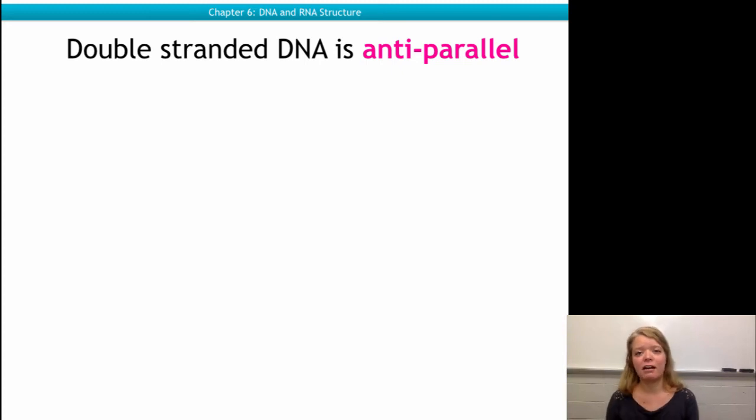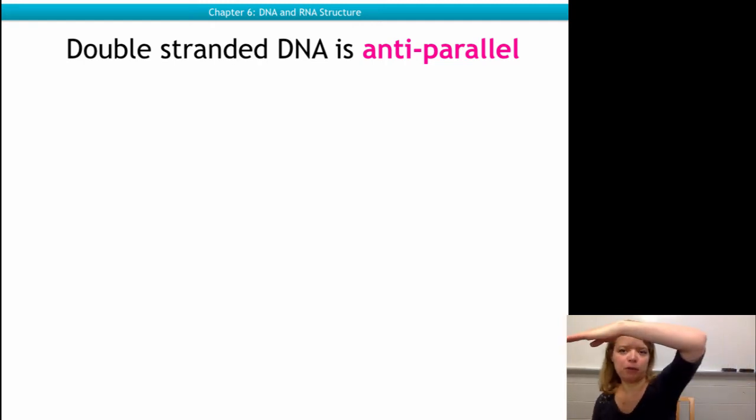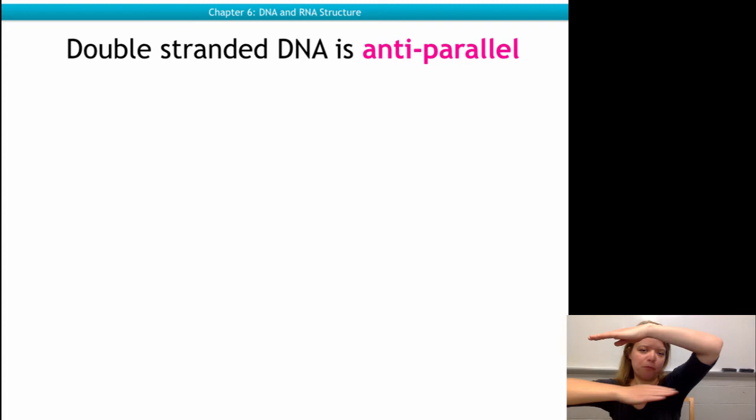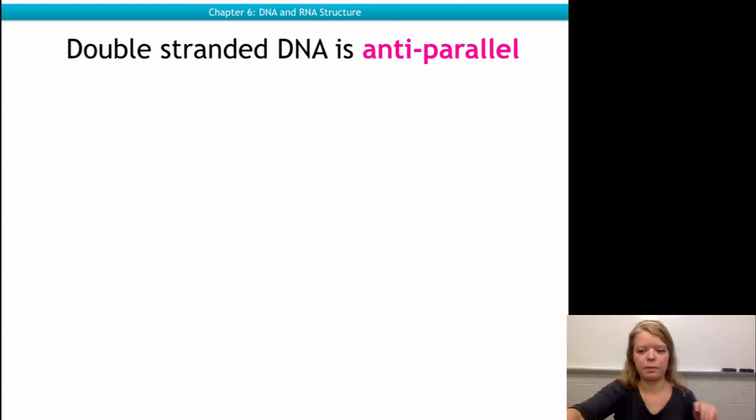Because DNA and RNA molecules are directional, there are several ways you potentially could be winding that double helix. The way the DNA double helix is wound, as well as the RNA double helix when it happens to have one, is in an anti-parallel fashion, meaning the top strand is going to go 5' to 3' this way, and the bottom strand is going to go 5' to 3' that way.